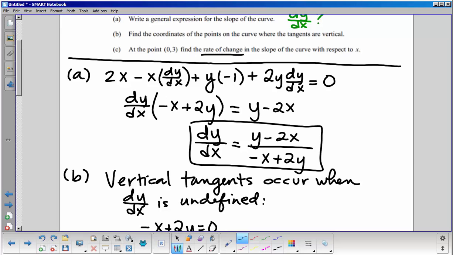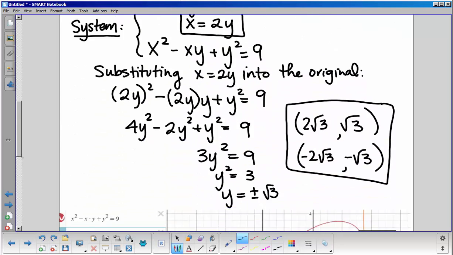Rate of change is either instantaneous rate of change or average, but it didn't specify. If it doesn't specify, it's instantaneous. Find the instantaneous rate of change in the slope. So that equation is for the slope, and you want the rate of change of the slope. So you want to take the derivative of the slope equation. That's good.